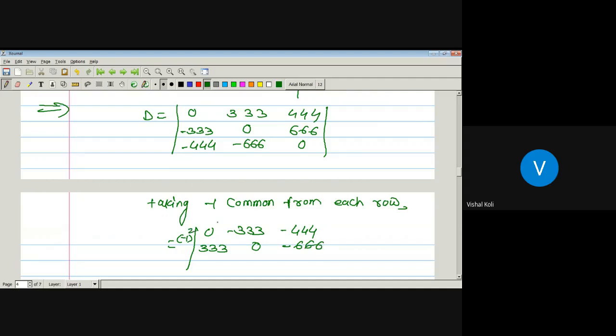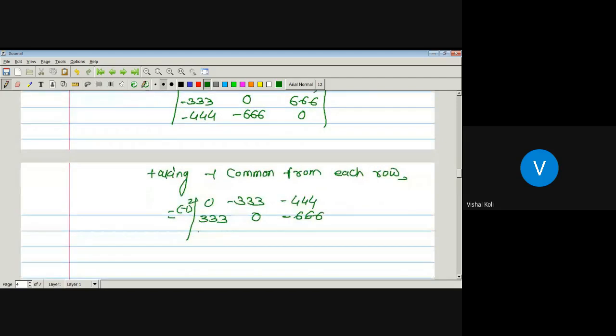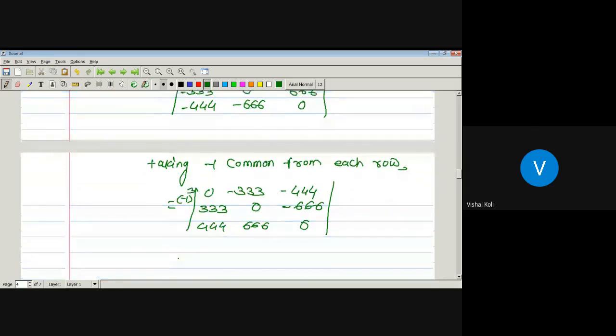Now this will become minus 1 squared, since we have taken minus 1 common 2 times. Now let us take minus 1 common a third time from the third row. Then this one is also plus and this 0 as it is. And it becomes minus 1 cubed. But minus 1 cubed becomes minus 1.